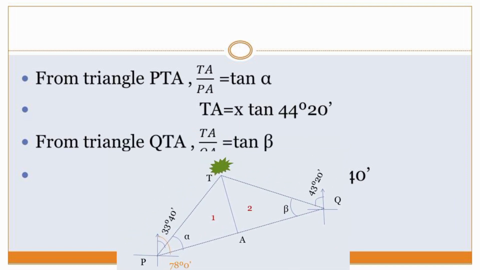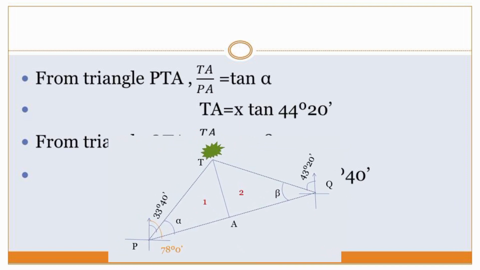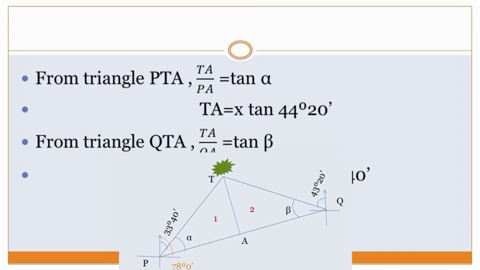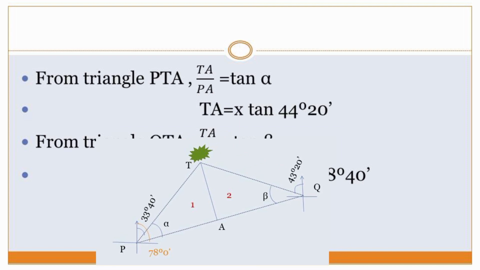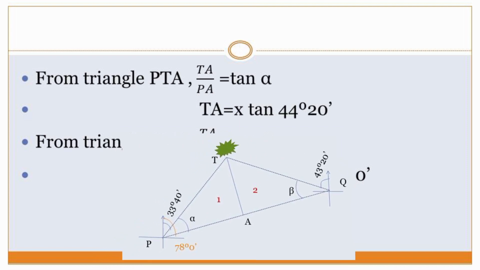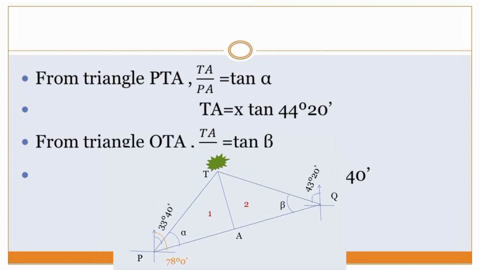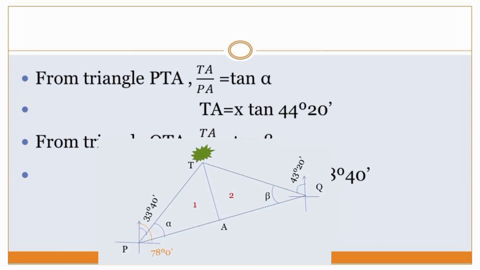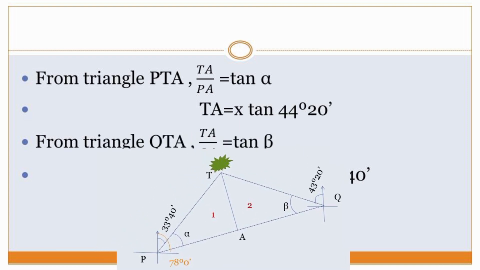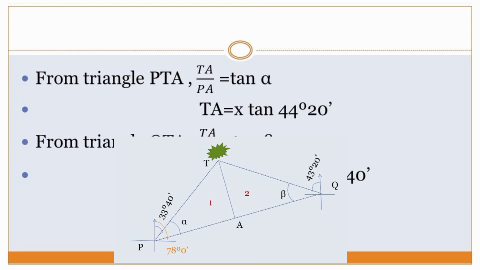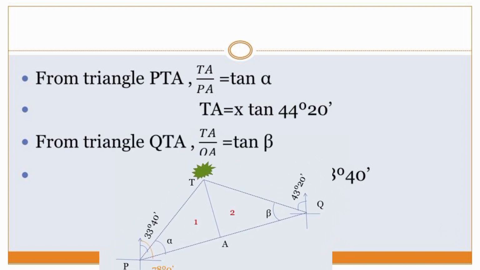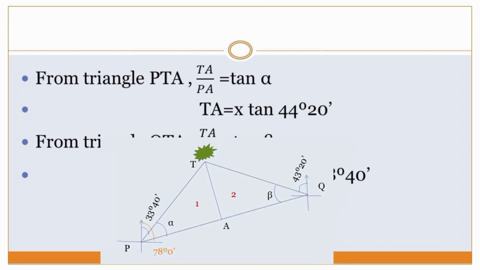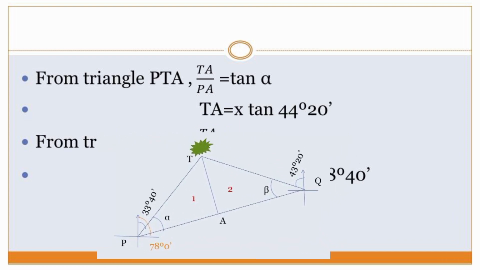Those two triangles share a line, TA, that subtends both angles, so I can compare the data. So TA is equal to x tan 44 degrees 20 minutes. That is my first equation.